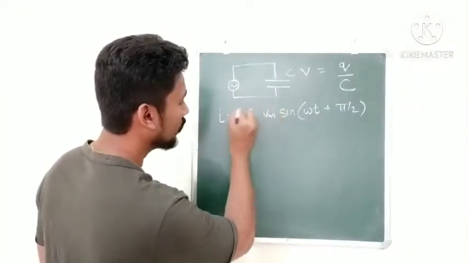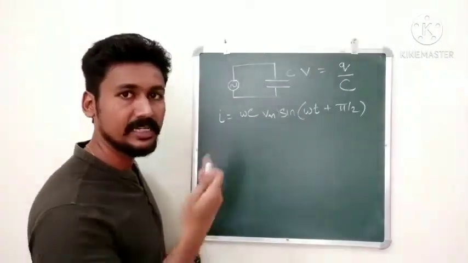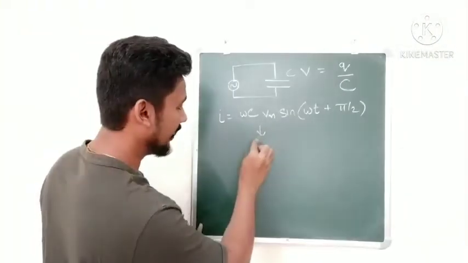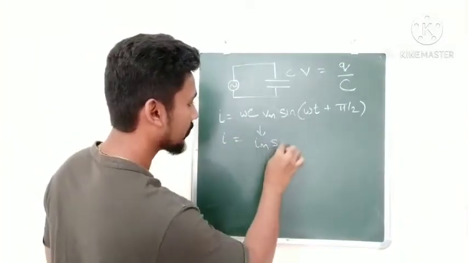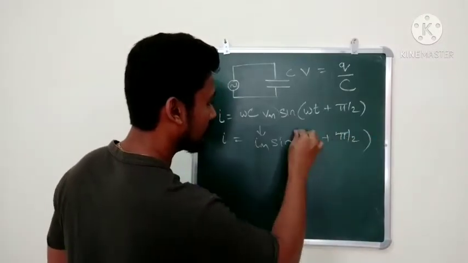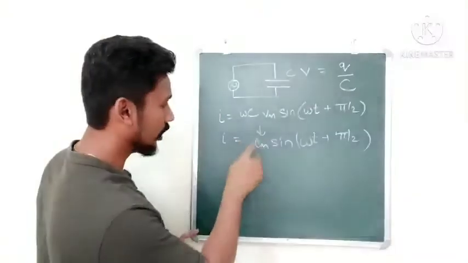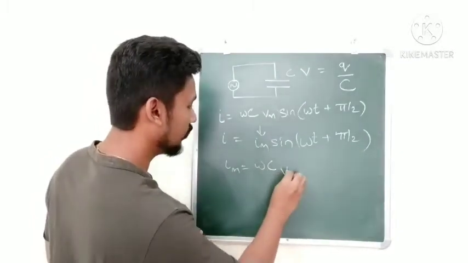So now what we will do, we notice that this quantity omega C Vm is nothing but the peak current. So this we will write as peak current Im. So therefore we get I is equal to Im sin of omega t plus pi by 2. Fine. Then what we saw, how much is Im? Im is omega C into Vm.